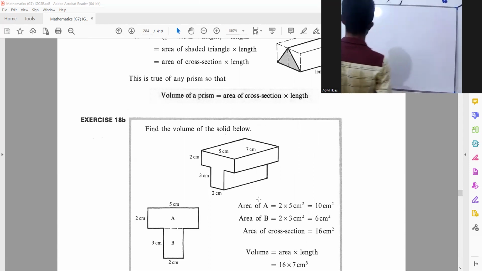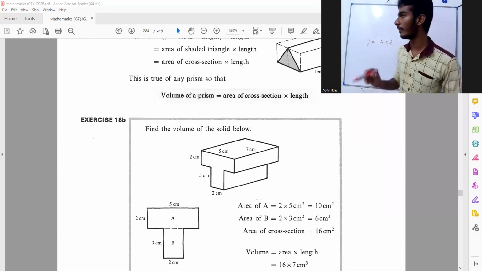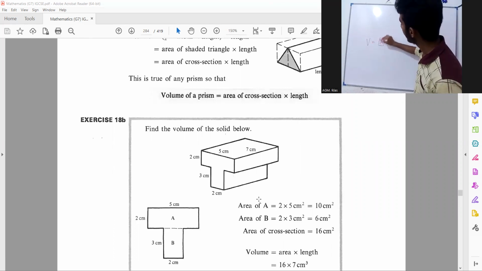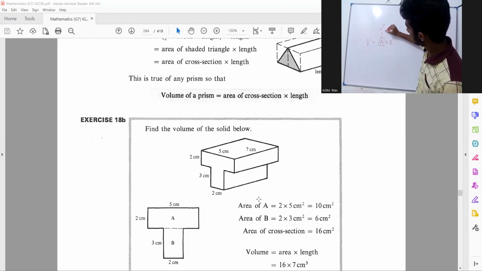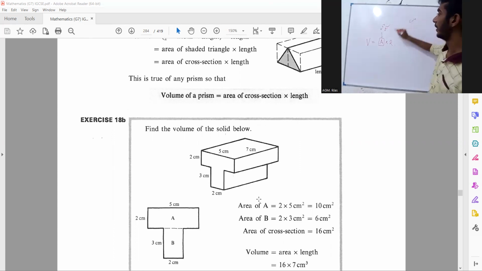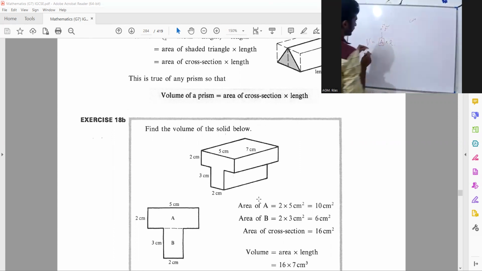That is V is equal to A into L. So far we have calculated the volume for cuboids. For cuboids, instead of this A, we put A cross B, or length into width.